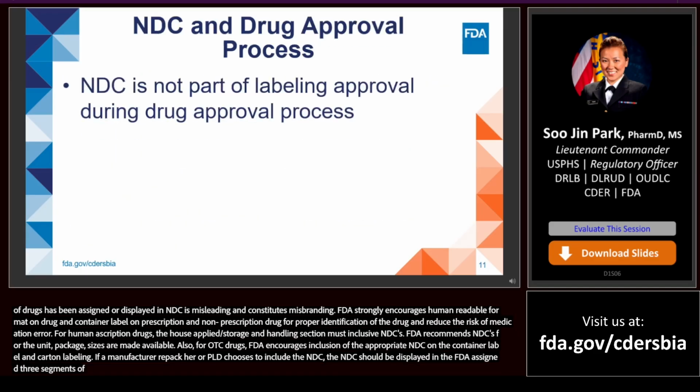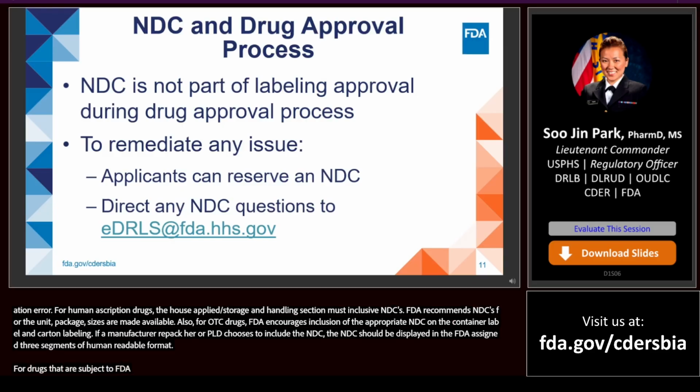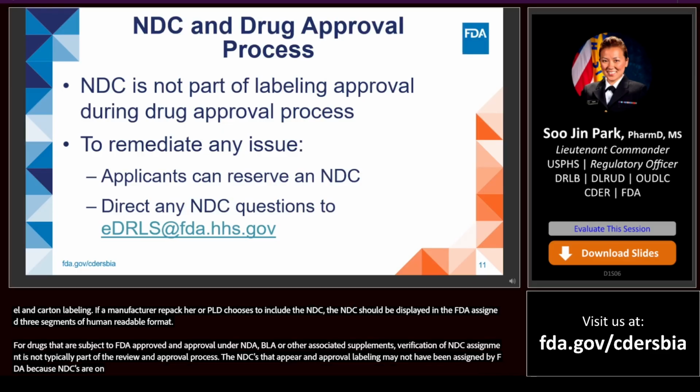For drugs that are subject to FDA review and approval under an NDA, BLA, ANDA, or other associated supplements, verification of NDC assignment is not typically part of the review and approval process. The NDCs that appear in approval labeling may not have been assigned by FDA because NDCs are only assigned once the drug listing file has been accepted after approval of the application or supplement.